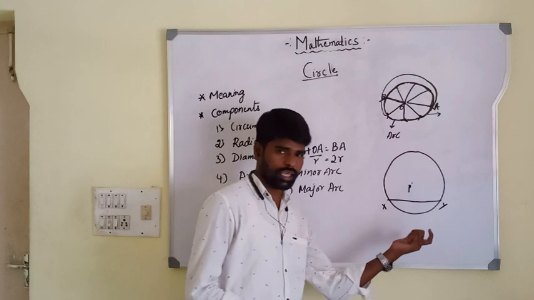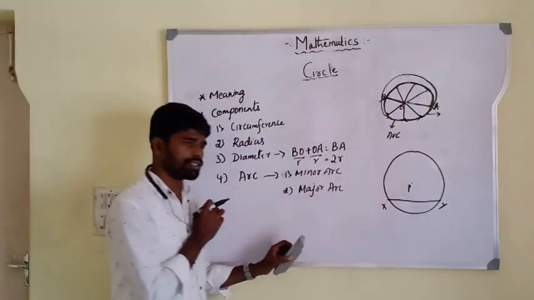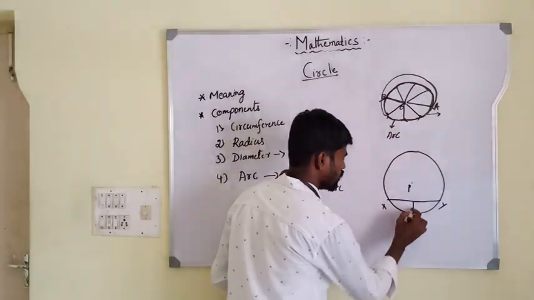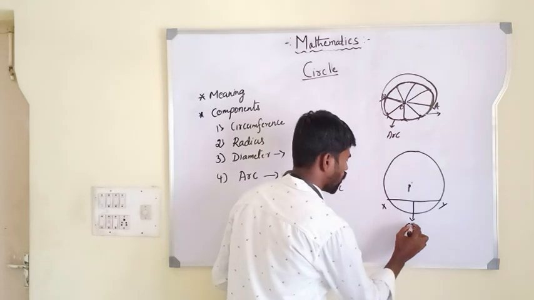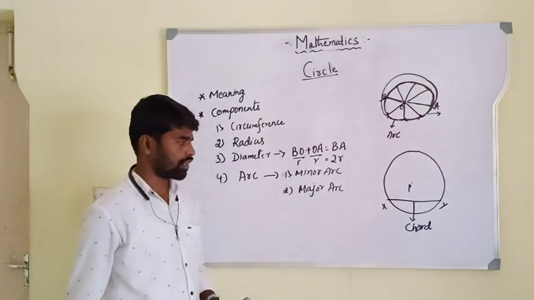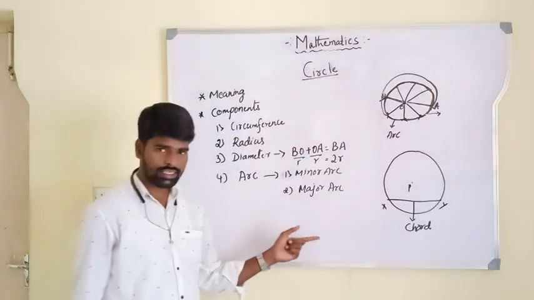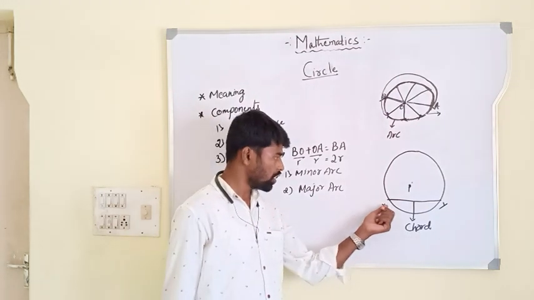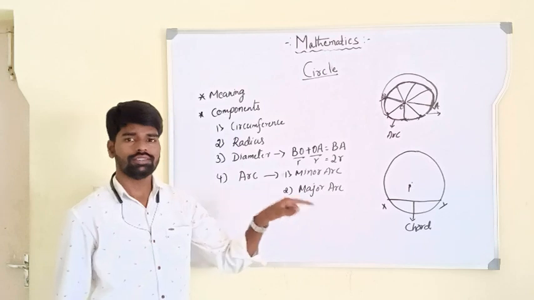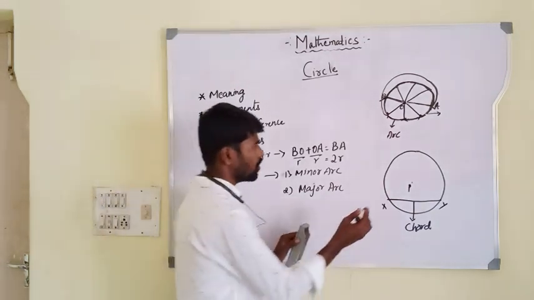So what does this line segment represent here? The length of XY is called a chord of the circle. What is meant by chord? A chord is a line segment which joins any 2 points on the circle. Now observe.